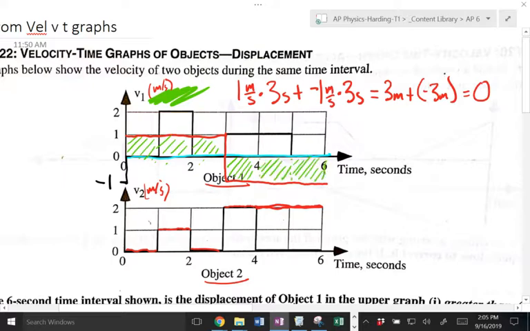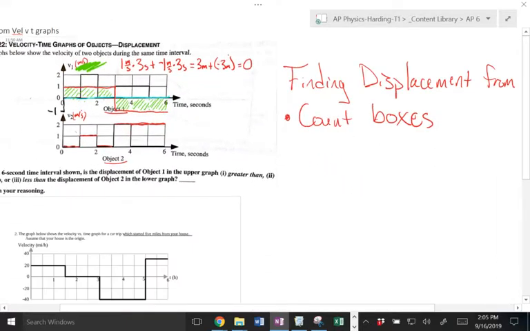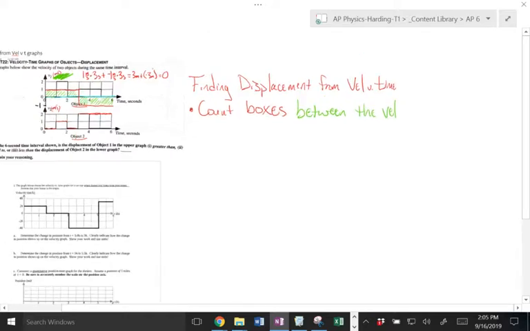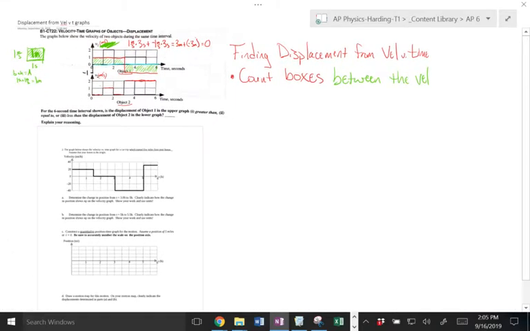x-axis. Okay, so as far as our rule set, we're finding displacement from velocity time. We're counting boxes, and I should add to that between the velocity, or how should we say there? Counting the boxes between the graph and the x-axis.